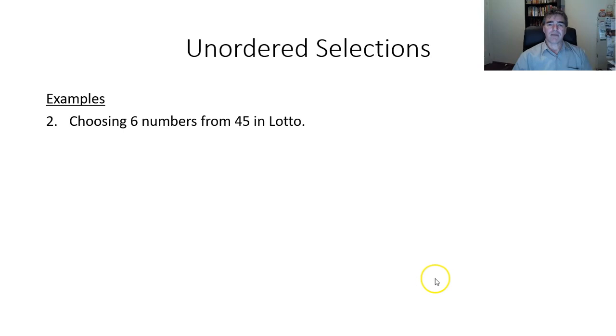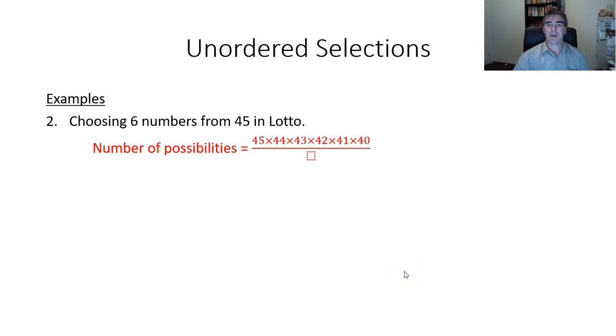So let's look at another example. In Lotto, we're looking at 45 numbers to select from, and we only want 6. The order that the balls come out, or the numbers chosen, is not important. So we're going to work out how many different possibilities there are. In our first ball, I've got all 45 balls to choose from.